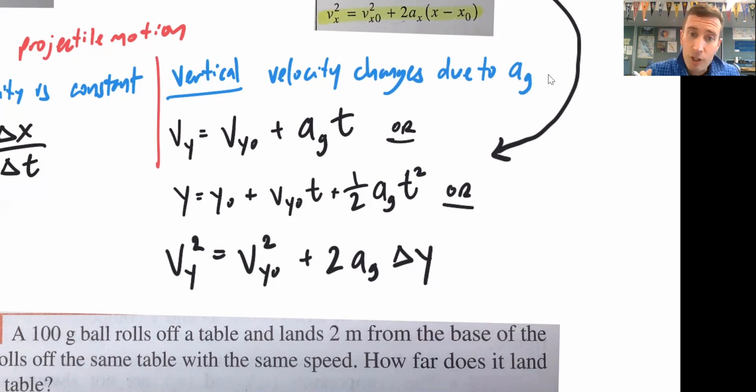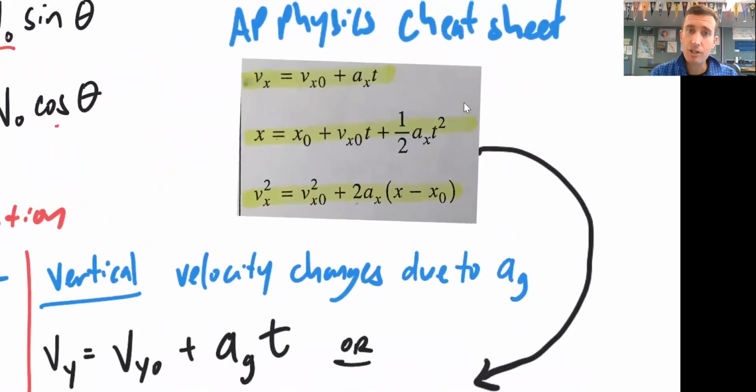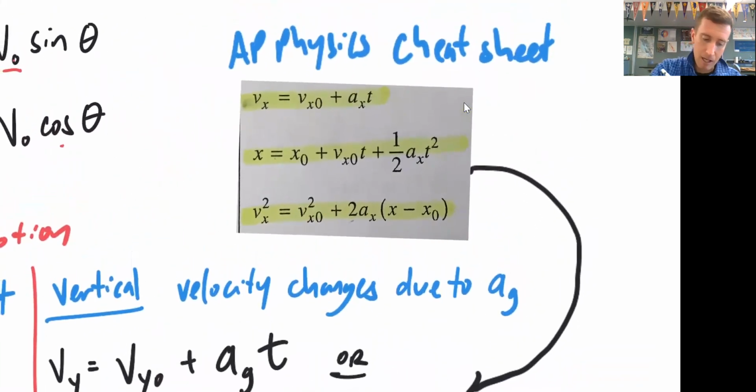So you'll notice that I've changed all of the x's on your equation cheat sheet to y's because it's in the vertical direction. So we're just going to use y for the vertical component. But you can see that on the AP Physics cheat sheet, everything is given in x's.